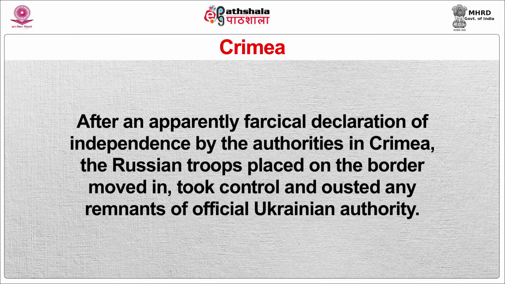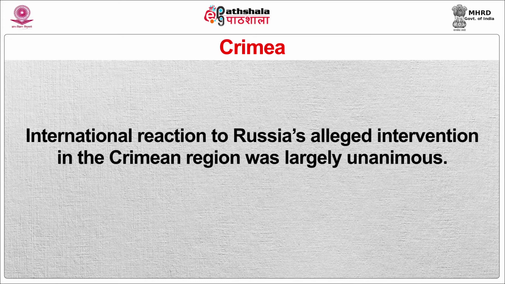After an apparently farcical declaration of independence by the authorities in Crimea, the Russian troops placed on the border moved in, took control, and ousted any remnants of official Ukrainian authority that remained with the rebel groups. This created a huge international reaction.